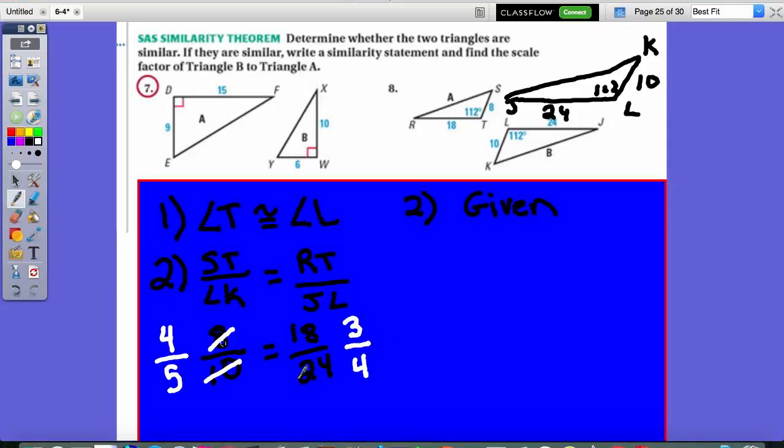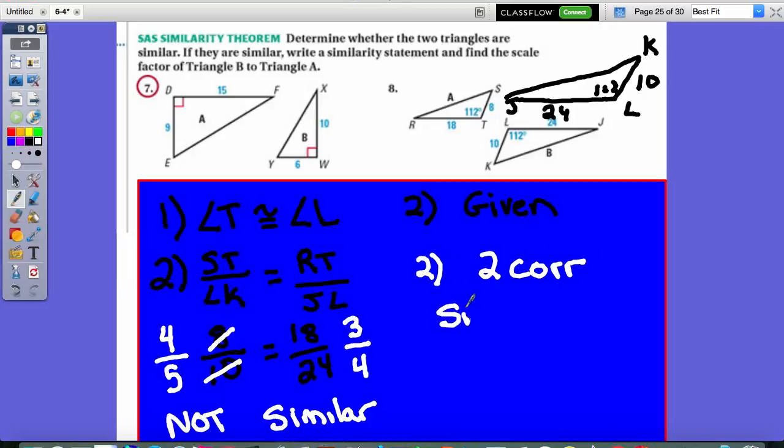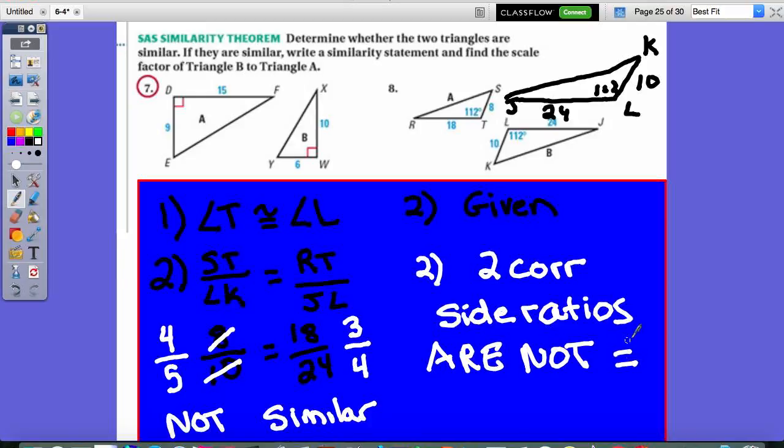Those are not the same ratio, so not similar, because the two corresponding side ratios are not equal. So number 8, they are not similar.